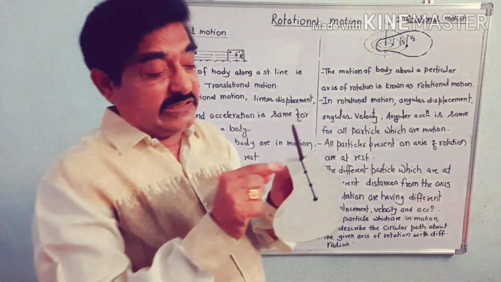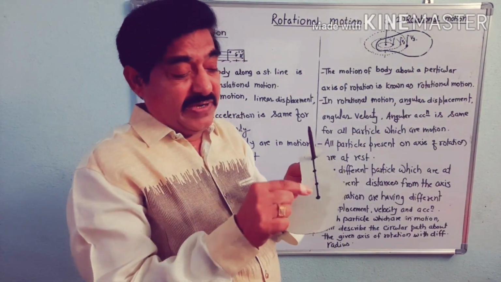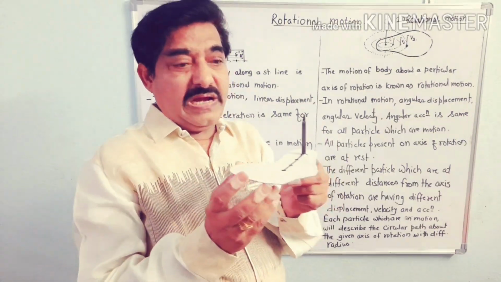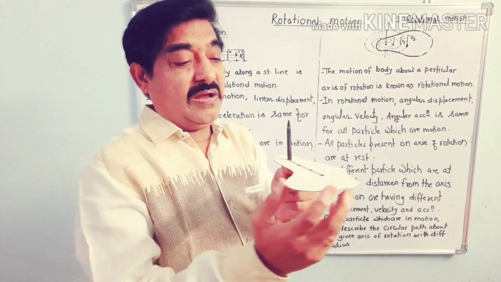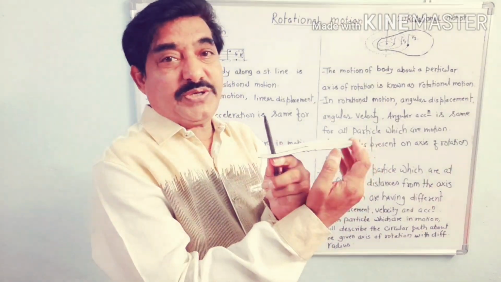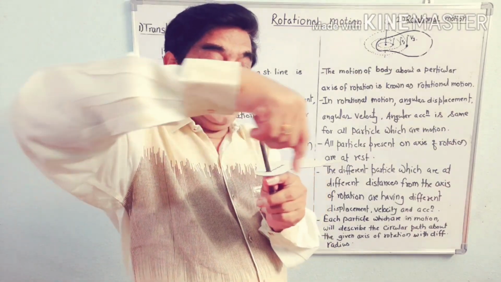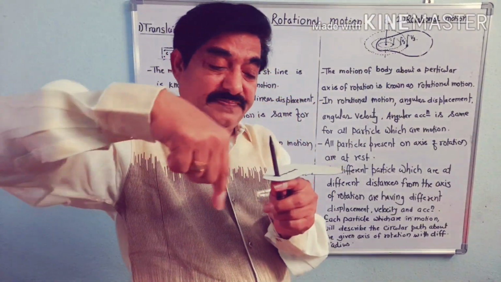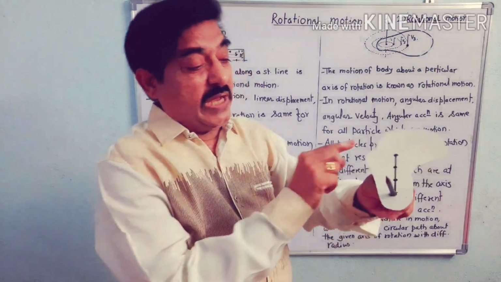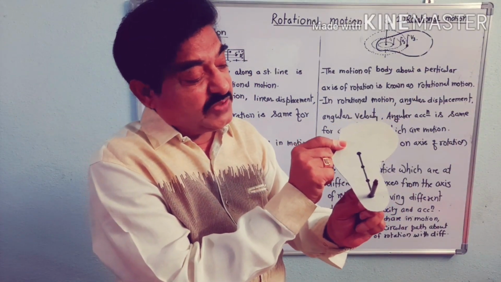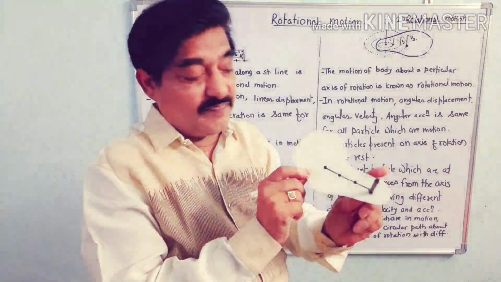If we consider the different particles A, B, C on this body, and when this body undergoes the rotational motion, every particle will describe its own circle. So the angular displacement, let us suppose body rotates from this position to this position.